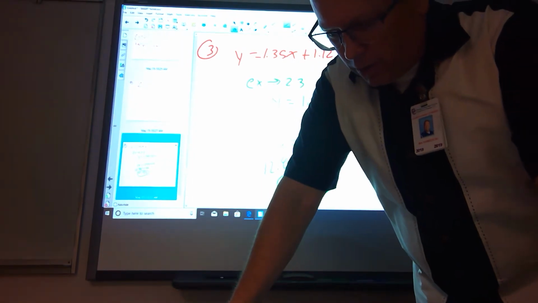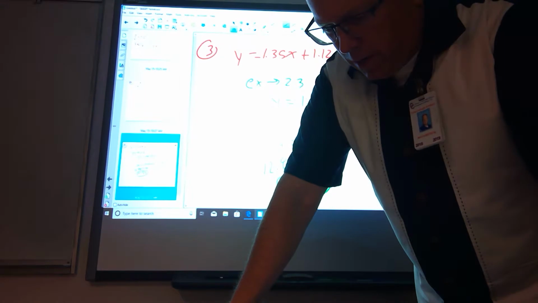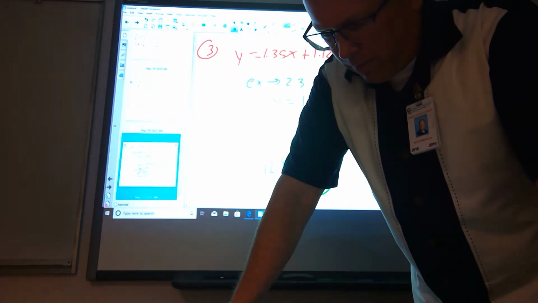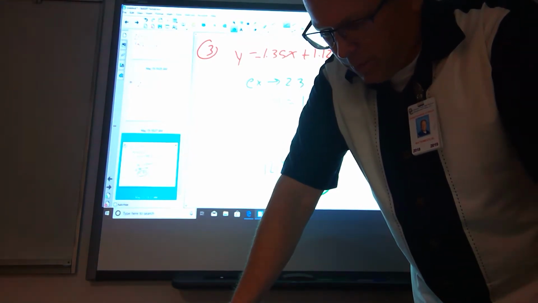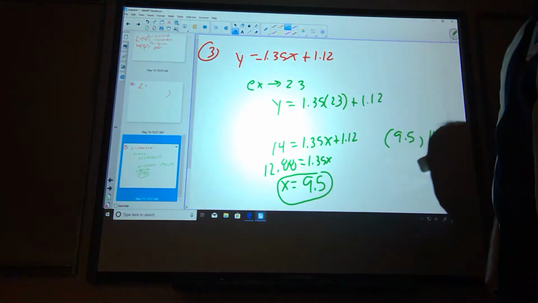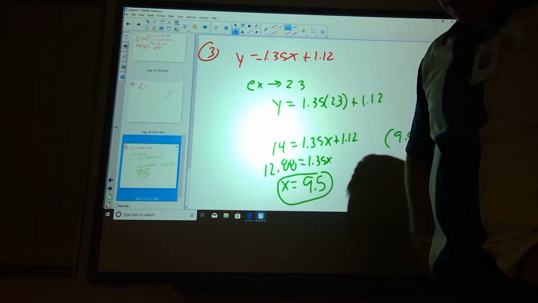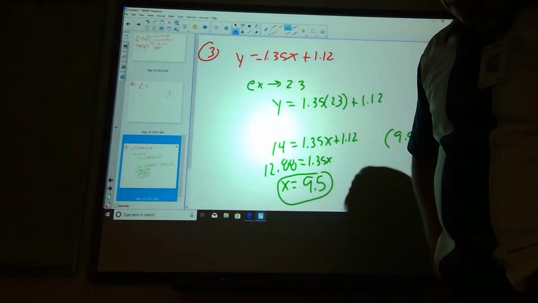Well, let's round it. No one earned a 9.5. Does anyone earn a 10 on the Explorer? No. I don't know if we can answer this question. Did anyone earn a 14 on the ACT? No one earned a 14.